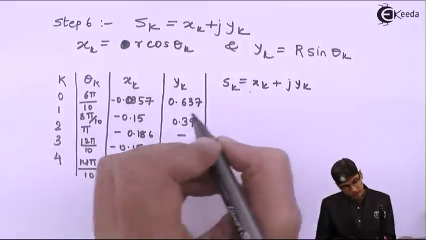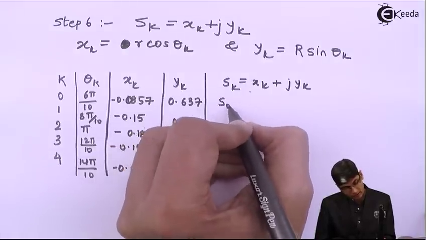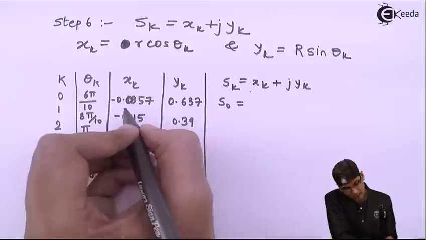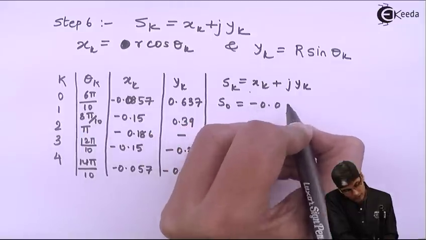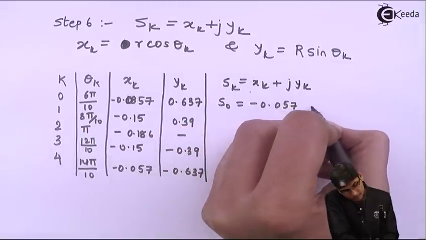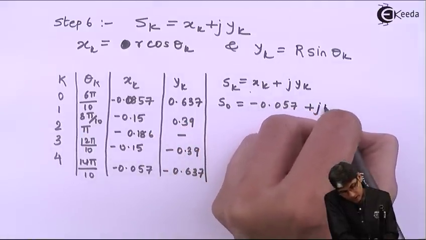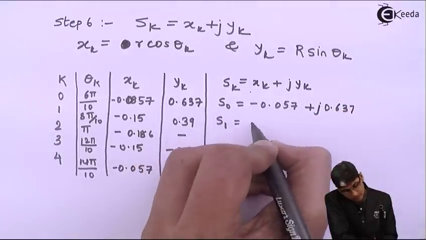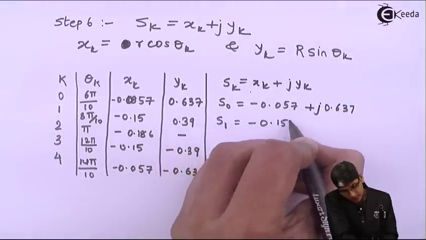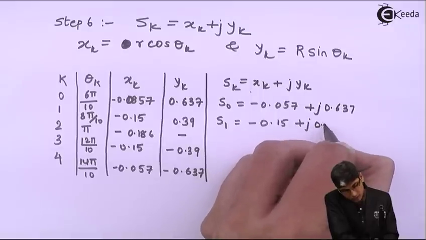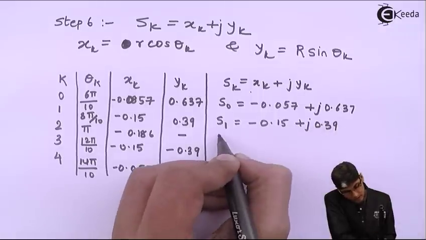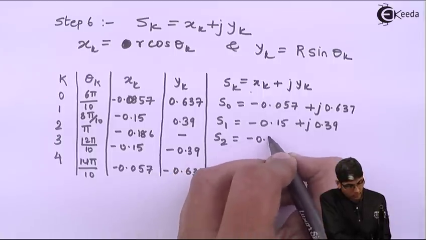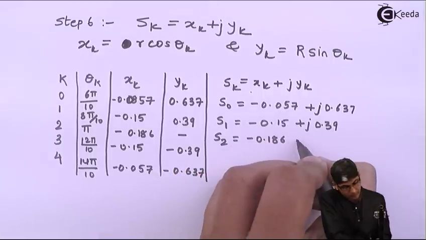Now let us formulate the poles, which is x of k plus j y of k. So I'll get s of 0, which is equal to x of 0 plus j y of 0. X of 0 is minus 0.057 plus j 0.637. S of 1 will be equal to minus 0.15 plus j 0.39. S of 2 will be equal to minus 0.186 alone.